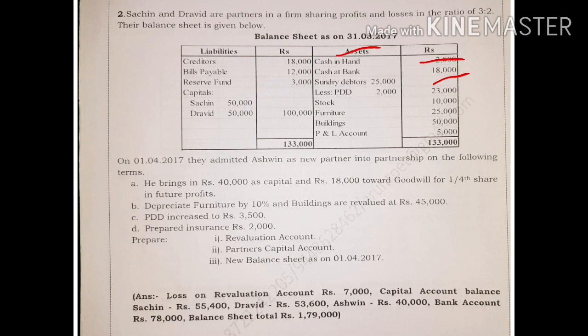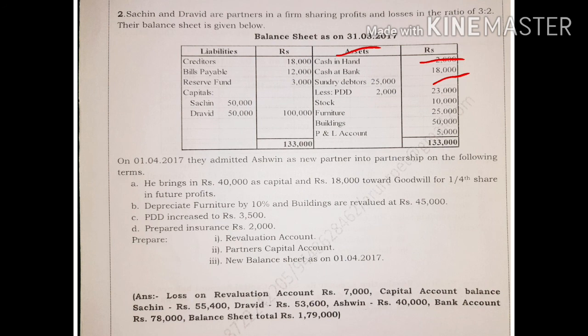But here two items are there, cash in hand as well as cash at bank. That's why we will make all those adjustments to cash at bank. 18,000 plus capital 40,000 plus goodwill 18,000. Here we will make the adjustment to cash at bank. That's why cash in hand remains the same, 2,000 only.